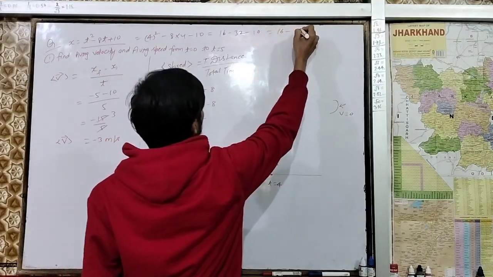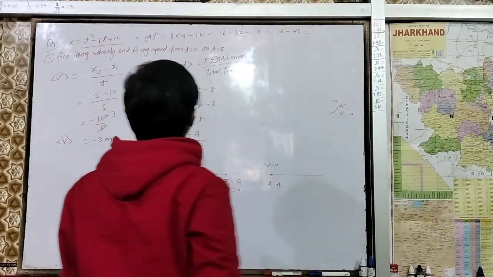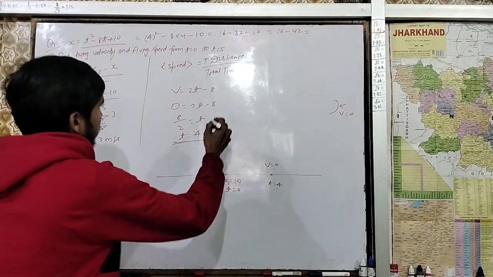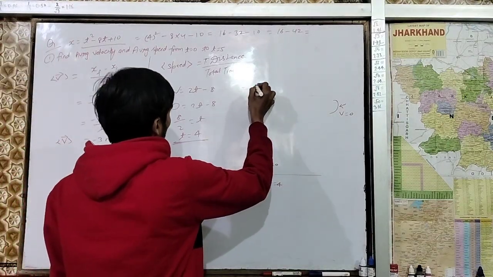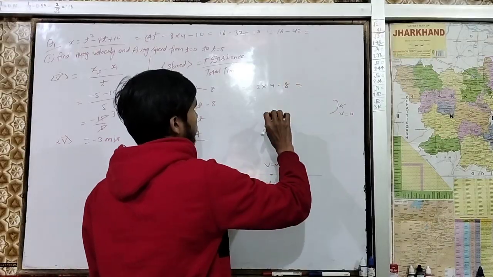So 16 minus 42, 60 minus 42. And here, 2 minus 4 minus 7, it is becoming 0.